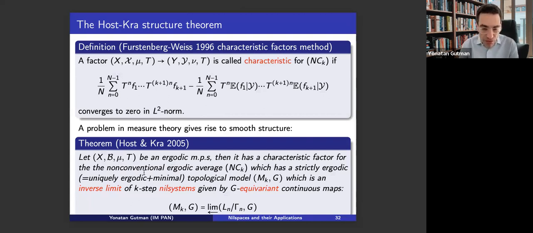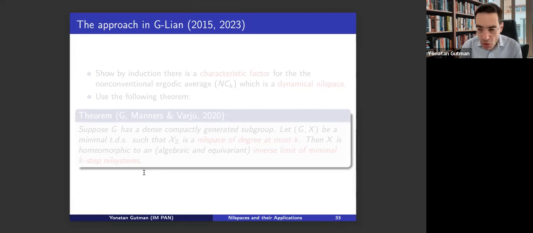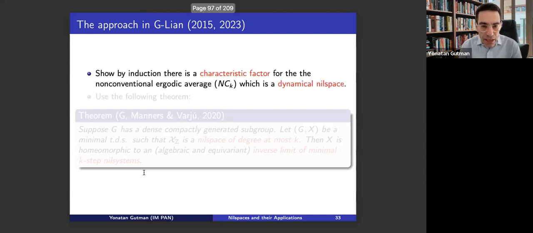The proof is very non-trivial. And we wanted to achieve a simplification. And the idea was the following. We showed by induction that there is a characteristic factor for the non-conventional ergodic average, which is a dynamical nilspace.